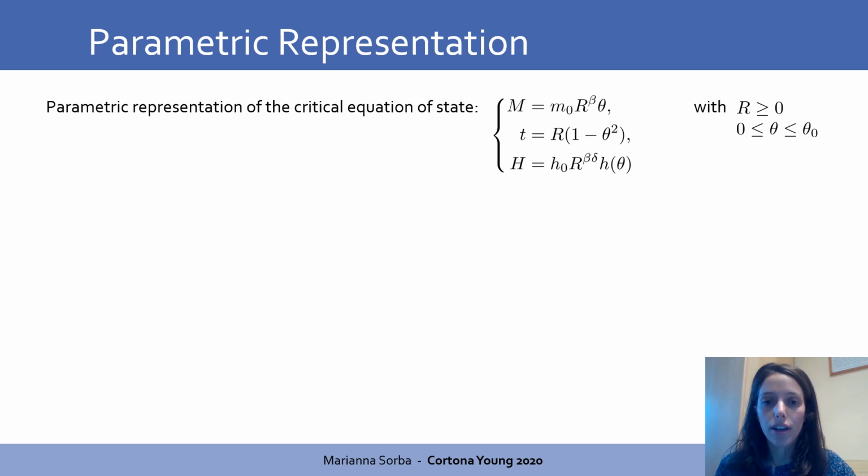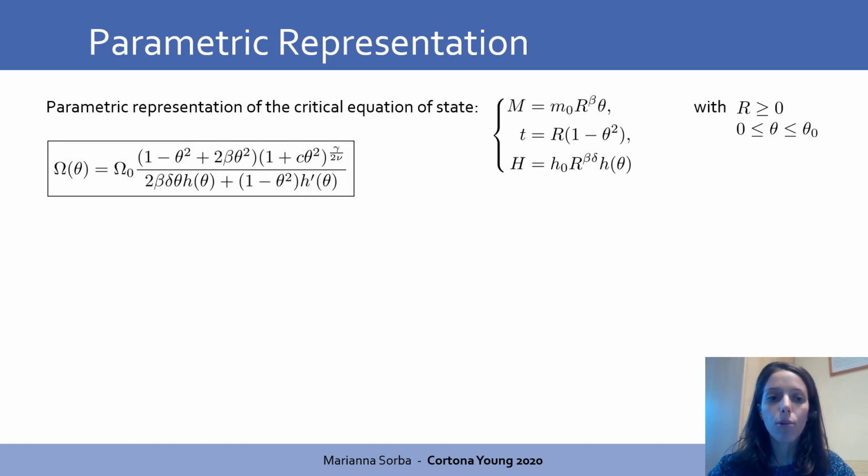In terms of these parameters, we can rewrite the omega quantity, and we end up with this expression, where we see that only the theta dependence is present. Therefore, we conclude that theta plays the role of the scaling parameter that previously we called eta.